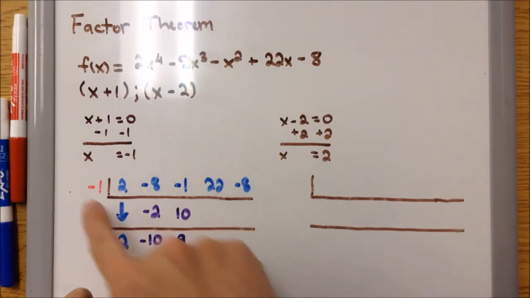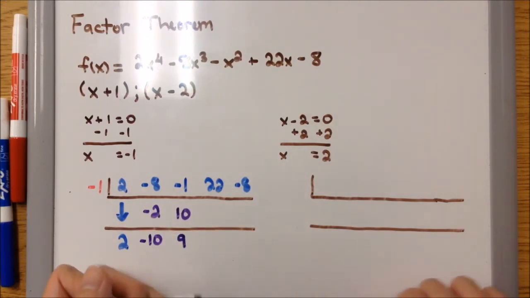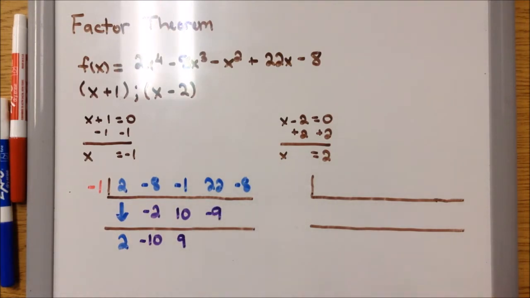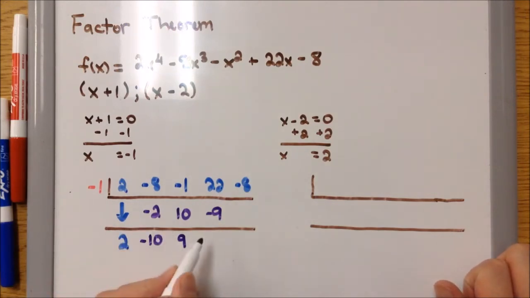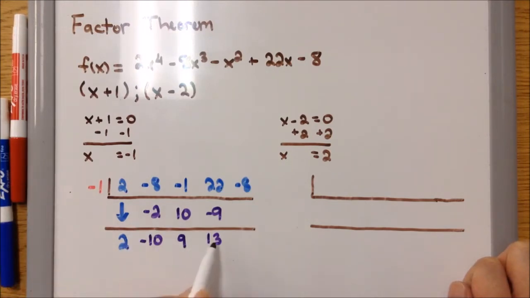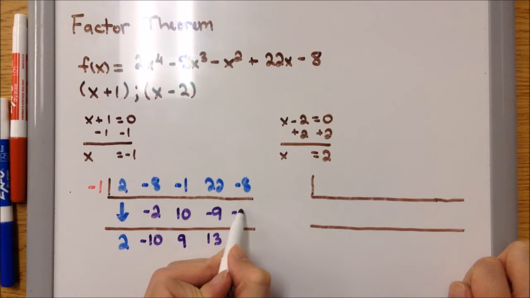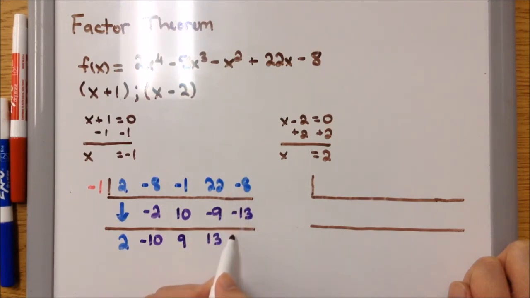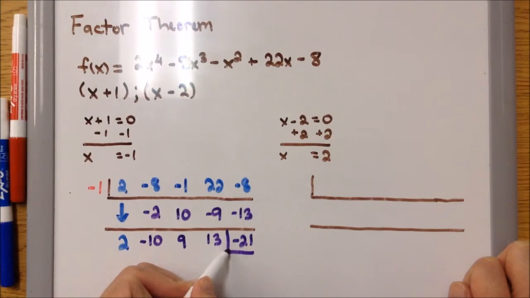Now negative 1 times 9, that's going to be a negative 9. Alright, so 22 minus 9 is going to be 13. And then negative 1 times 13 is negative 13. Negative 8 minus 13, well, that's just negative 21. And then this is our remainder.